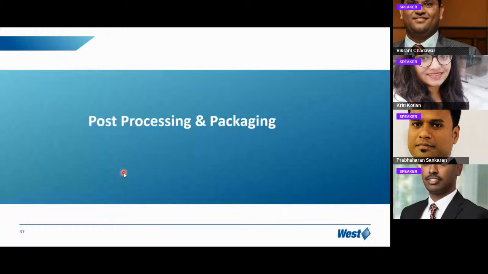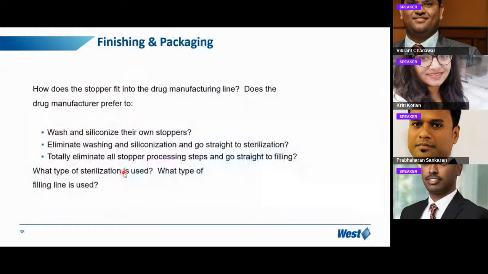Post processing and packaging, meaning finishing and packaging. How does the stopper fit into the drug manufacturing line? Does the drug manufacturer prefer to wash, siliconize and process their own stopper? Once you have this coating, once you have this lamination, how are we going to supply it to the customers?